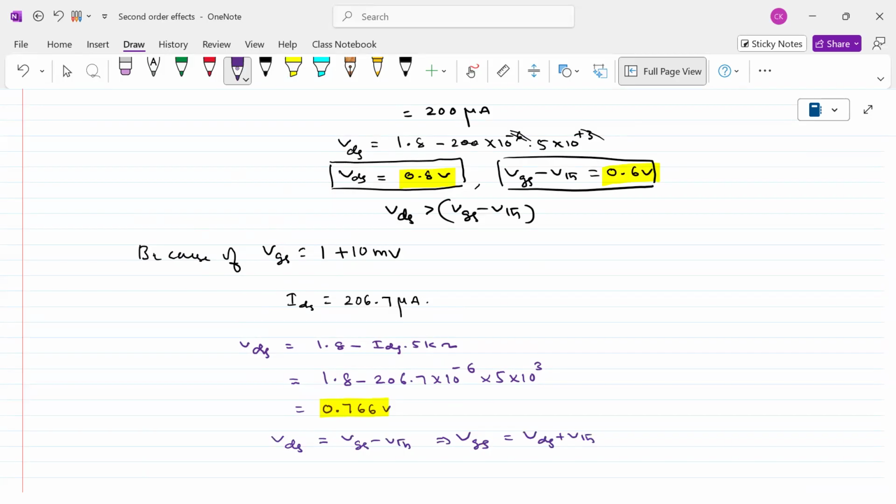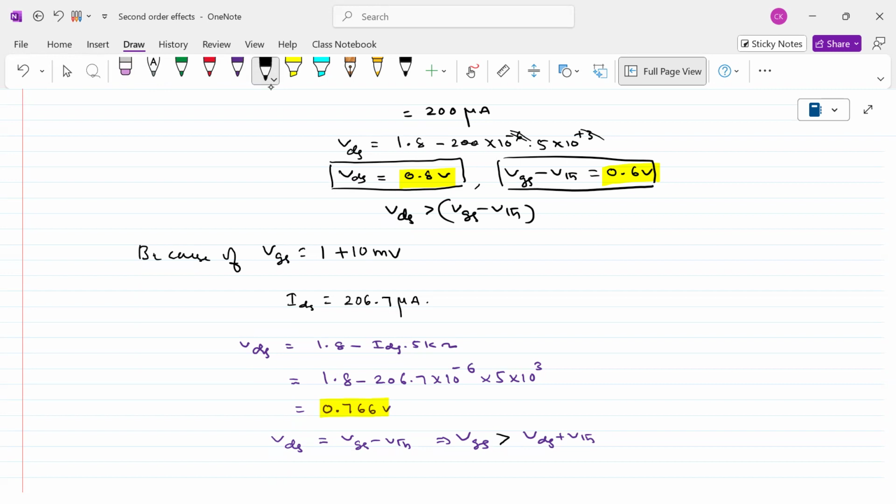If you increase VGS so that it exceeds the available VDS plus the threshold voltage, then definitely the transistor will enter into the linear region. That means it is less. Sorry, it is not less, it is greater. The VGS value must be greater than the drain potential by at least one threshold voltage, and the MOSFET will enter into the linear region. Okay, that's what we have to understand about it.